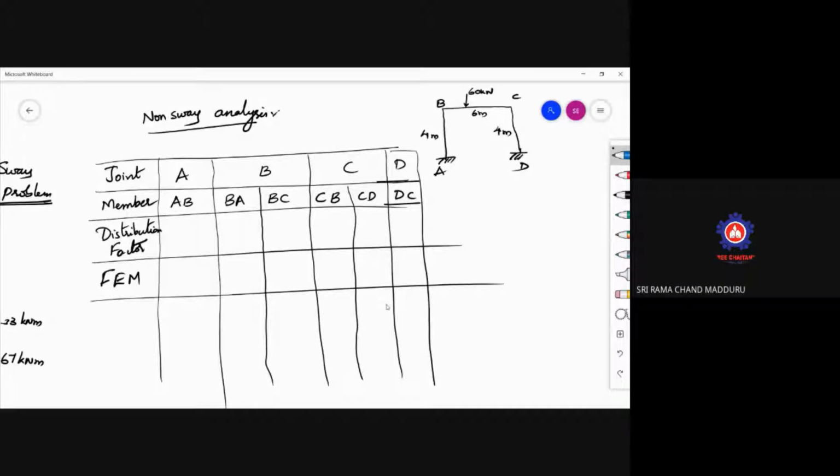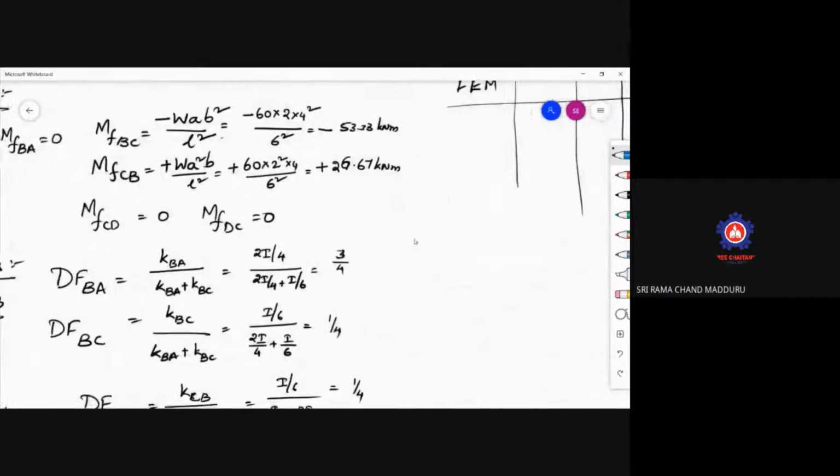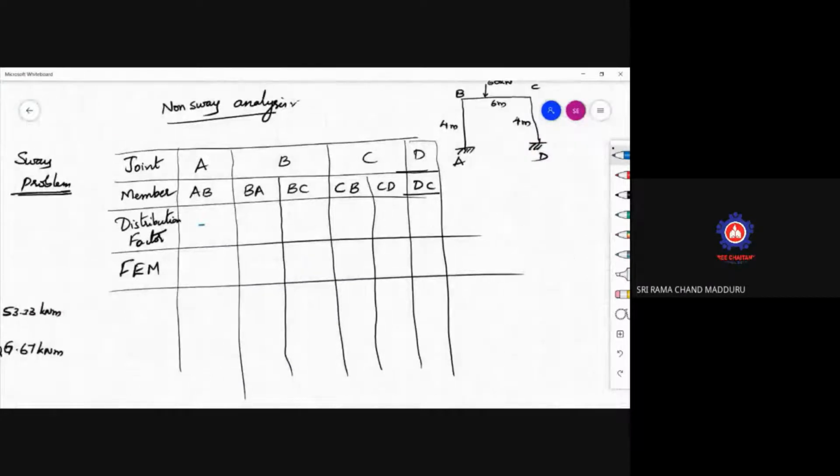Coming to distribution factors, AB is one only, but we have joint B. BA is there, BC is there. What is the value of BA? The value of BA is 3 by 4, which is 0.75. BC is 0.25. CB is 0.25. CD is 0.75. And DC is one only actually, you need not write down that one.